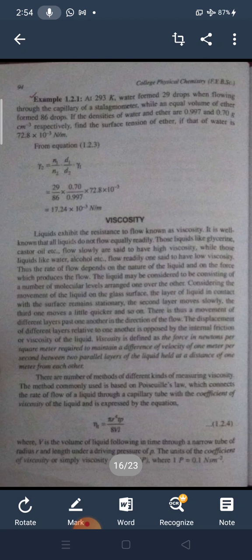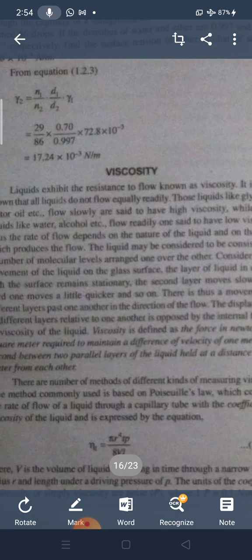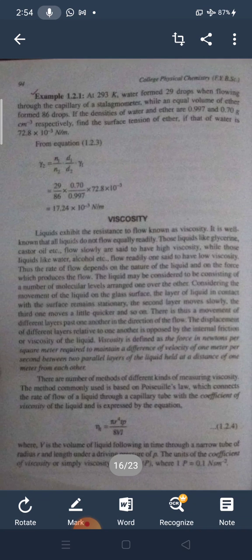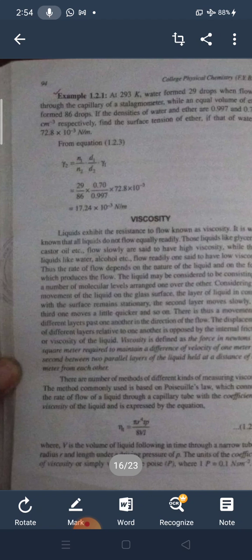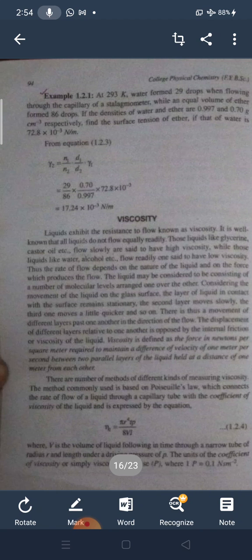The most commonly used is based on Poiseuille's law, which connects the rate of flow of liquid through a capillary tube with the coefficient of viscosity of the liquid and is expressed by the equation eta is equal to pi r raised to 4 P divided by 8 V. This is a very simple equation that we have to remember.